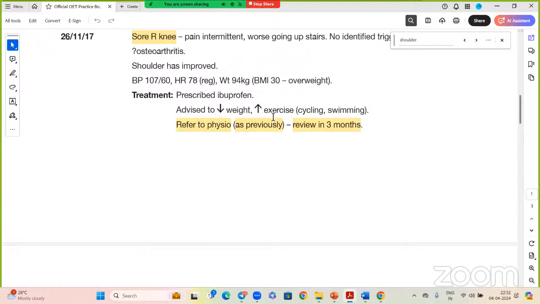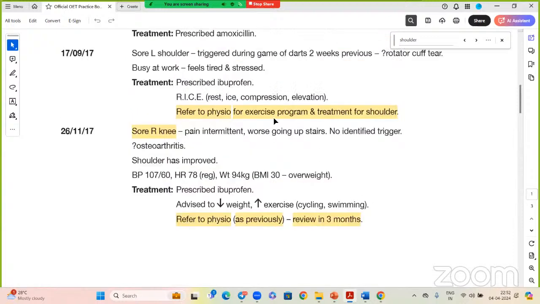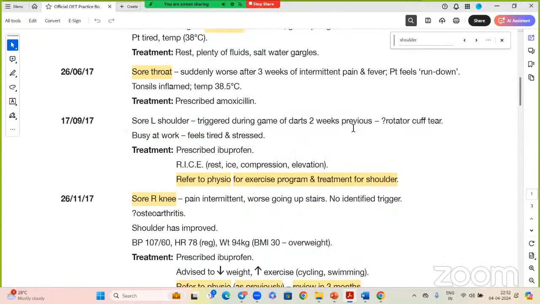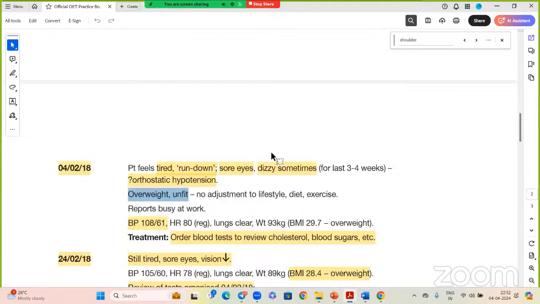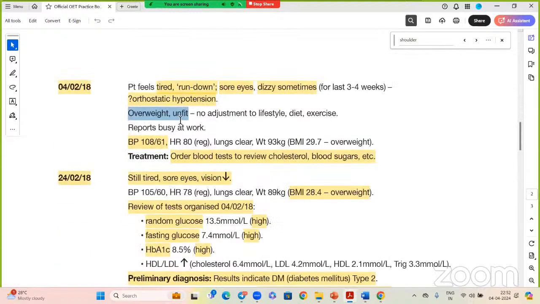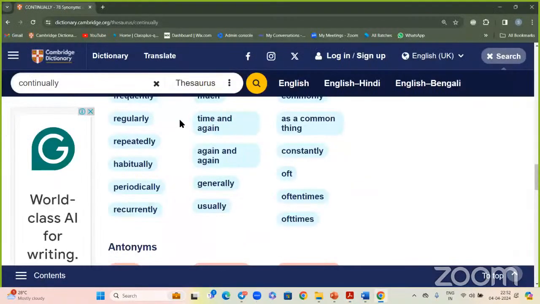Weight reduction not possible still. Recommended fitness was not achieved.